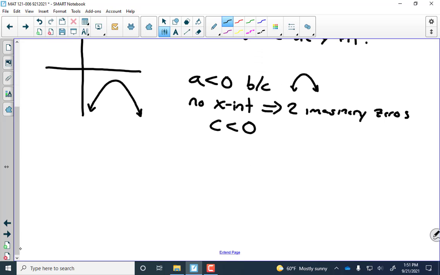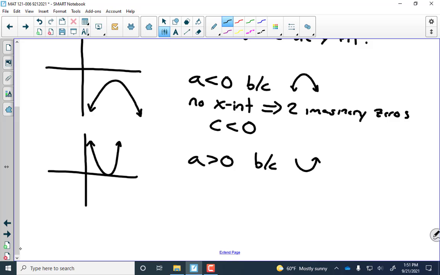And finally, look at this one. Well, A is greater than 0 because it opens up. How many x-intercepts does this one have? One x-intercept, meaning this one just has one real zero. And C is going to be positive.